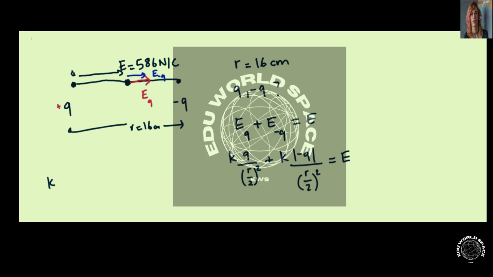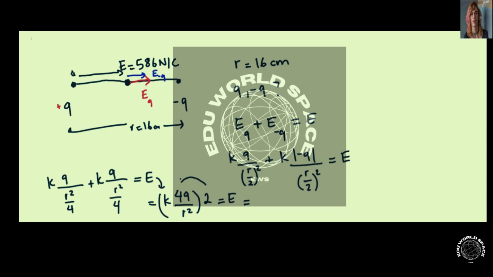So E equals k 4Q over R squared, and another term comes from the second, so you might as well multiply this term by 2. This is going to give us the electric field. Then E equals k 8Q over R squared, which gives us the strength of the electric field.